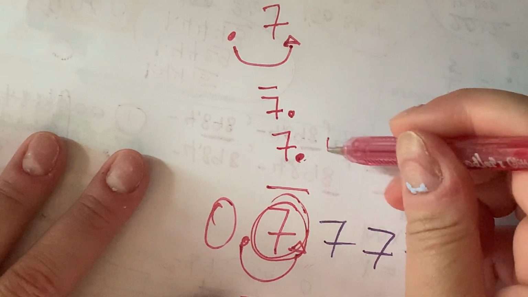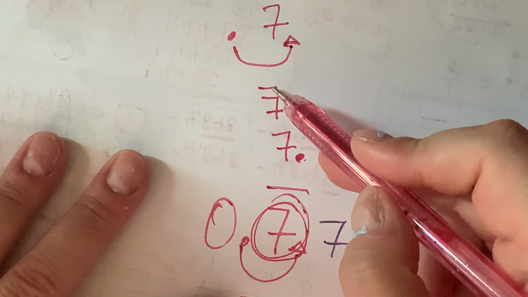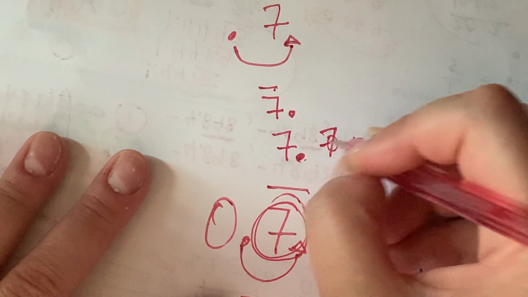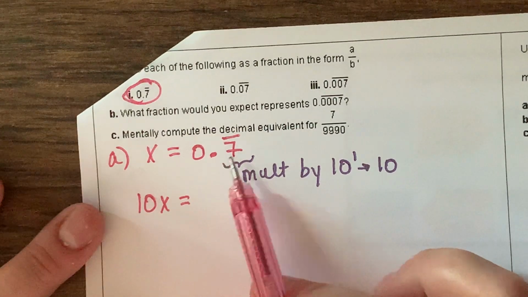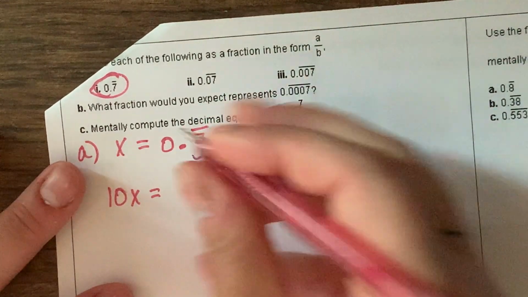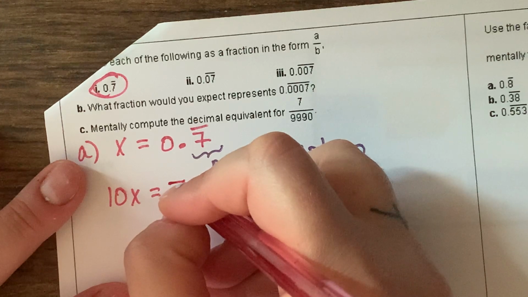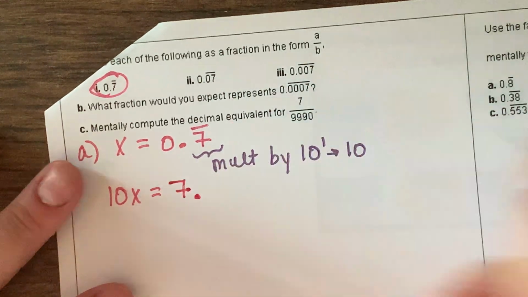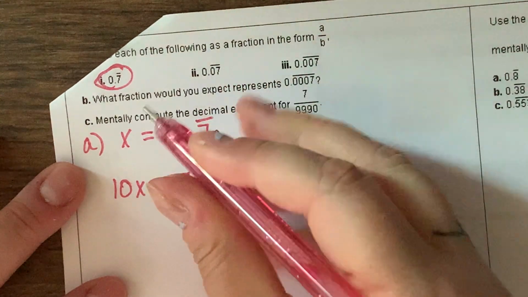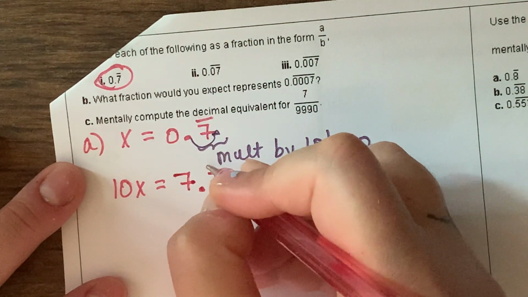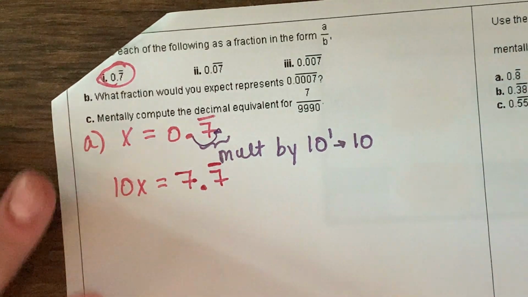Is it going to be a bunch of zeros? And the answer is no, because it has that bar on top of the 7. There should be more 7s after it, repeating. So this 0.7 is going to become 7 with a decimal, because that decimal moves once to the right, but then it still has a repeat on that right-hand side of the decimal.